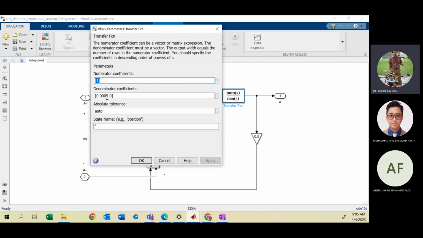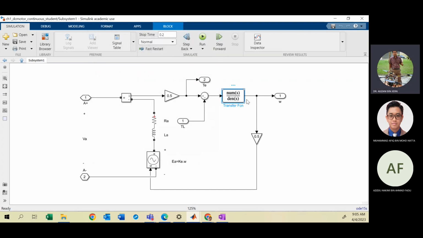So where your J is 0.0005, sorry. So B is 0. Maybe you can resize the block to see the transfer function equation here. This means 1 divided by JS, because B is 0.